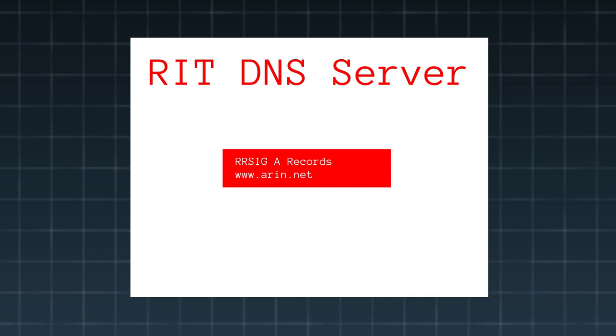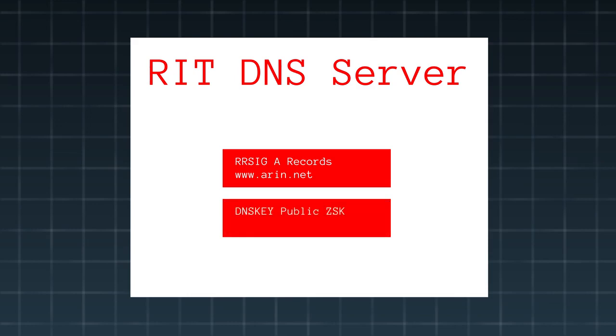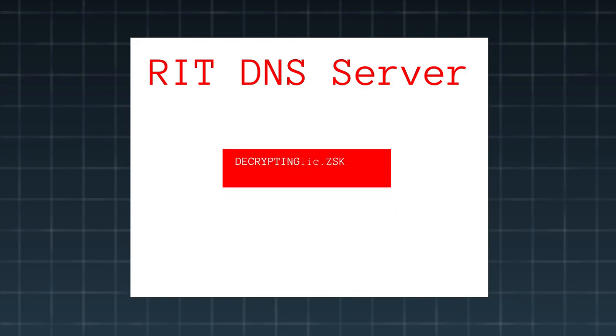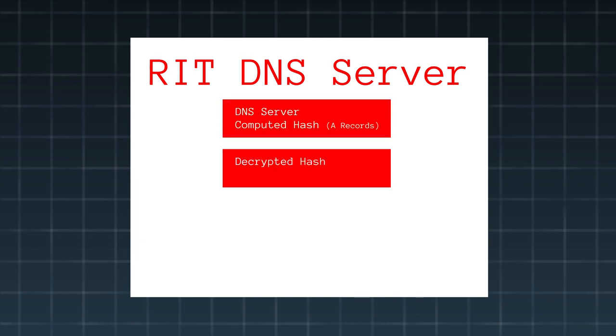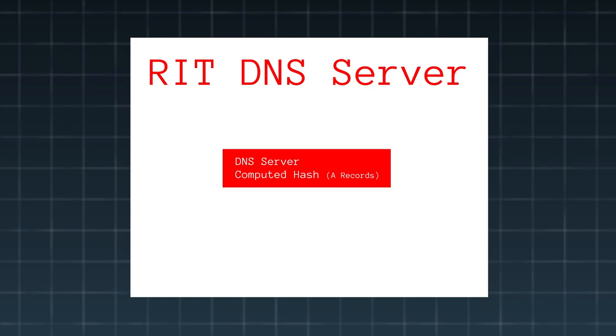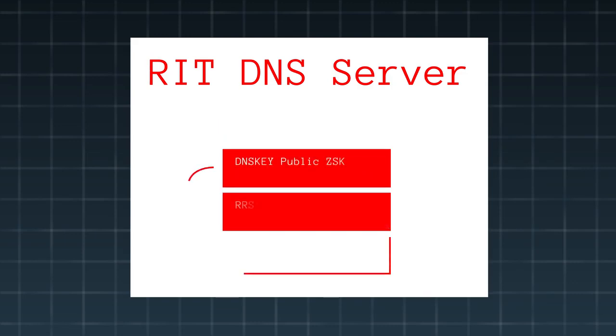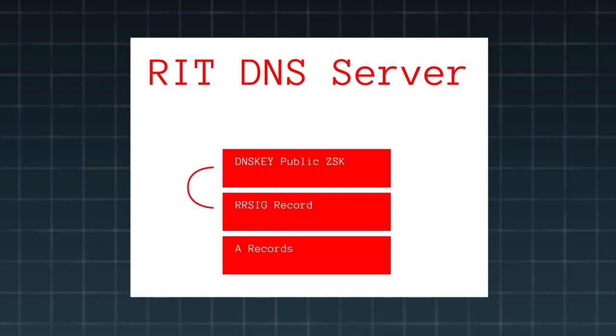To decrypt this, the RIT DNS server uses the public key of aaron.net, which is in the DNS key record that was sent. If the decrypted hash matches the computed hash by the RIT DNS server, the DNS key record validates the RRSIG record, and the RRSIG record validates the A records. All is good.